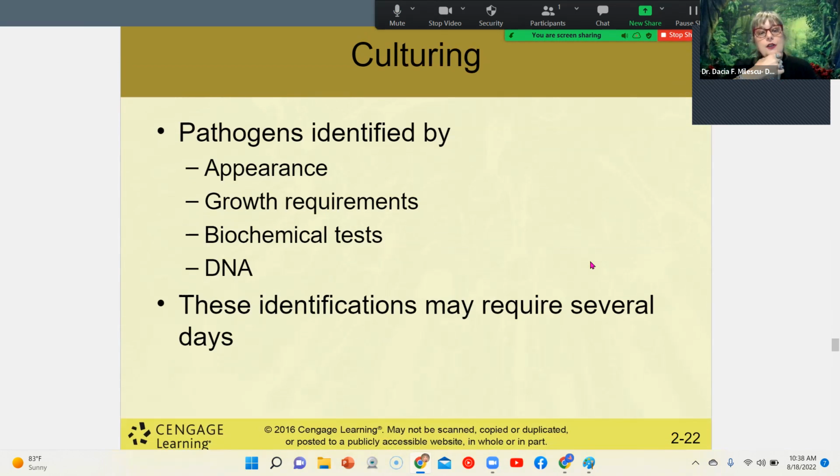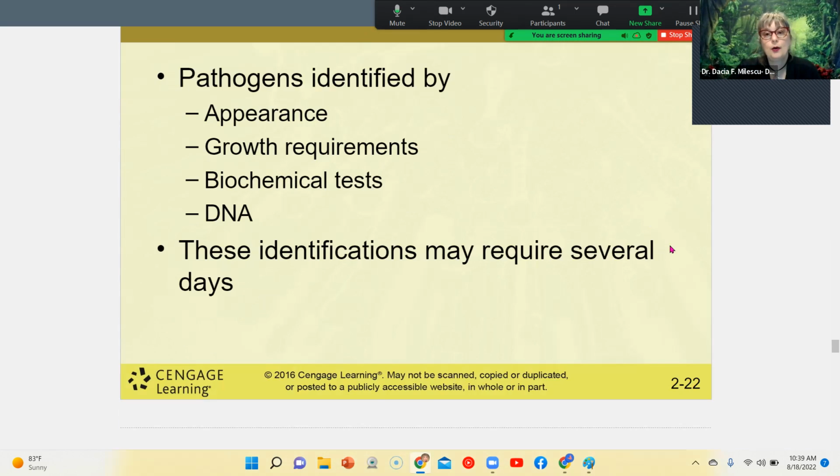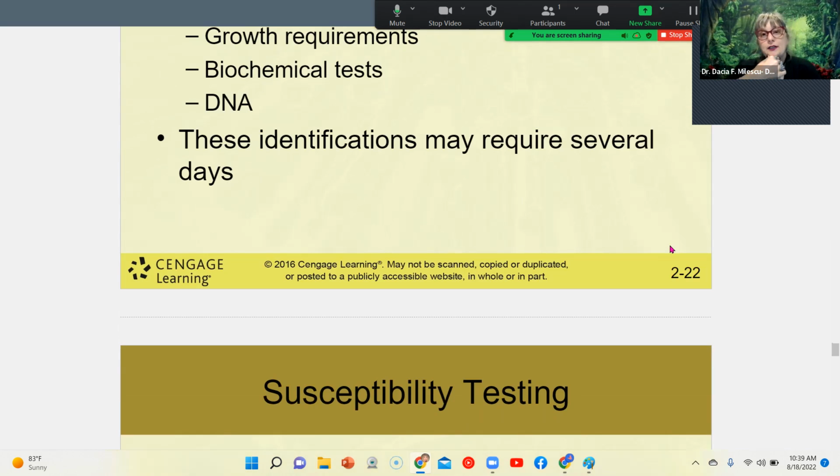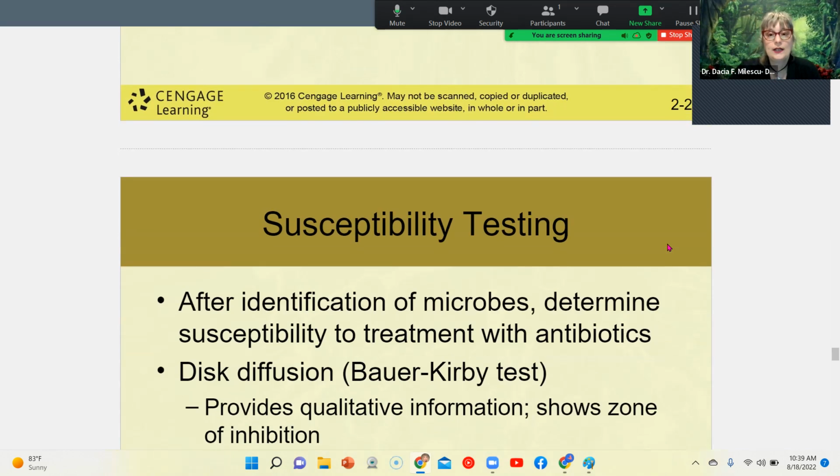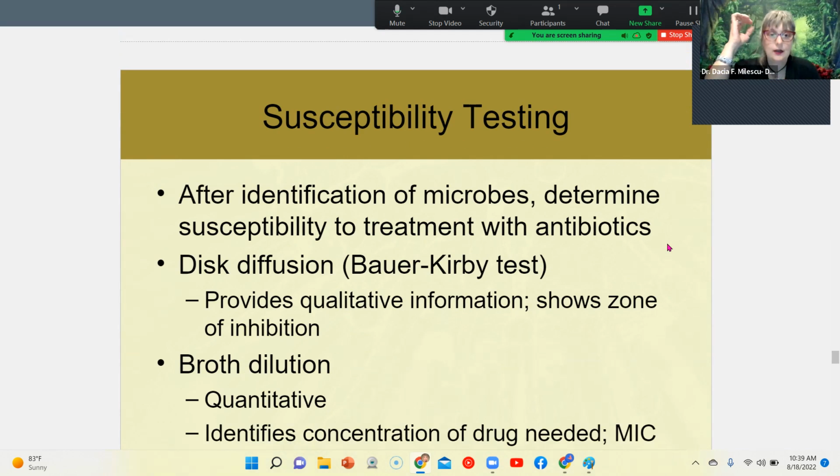All right. So the pathogens are identified under the microscope based on appearance. Also, the growth requirements on that agar, the biochemical tests that can be done, and DNA analysis, all those four components may require 7 days to finally figure out exactly what is the culprit, what is the pathogen.